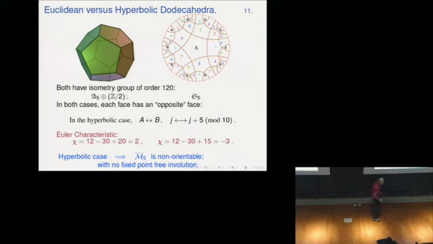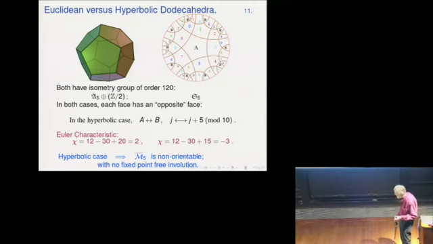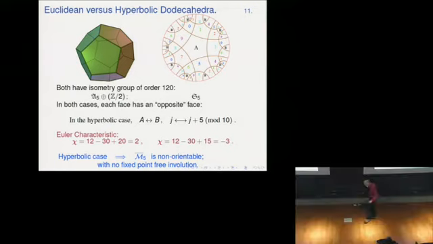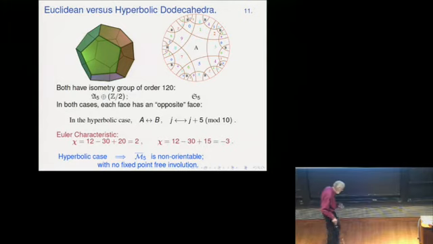And second, it can't have any fixed point free involution because a surface with a fixed point free involution is just a twofold covering space of some other surface, and since it must have an even Euler characteristic. So this is rather weird. Each face has an opposite face. So the center points of the faces, each one has an opposite point. But this doesn't extend to any one-to-one map from the surface to itself.